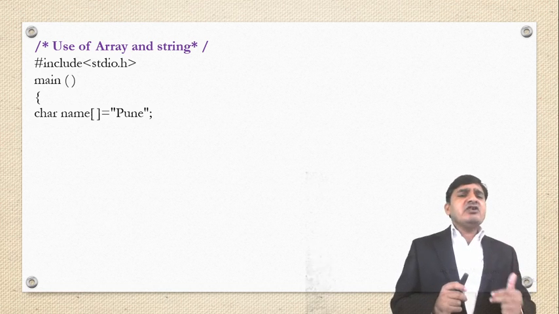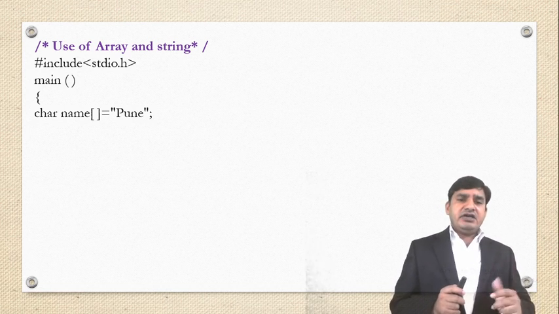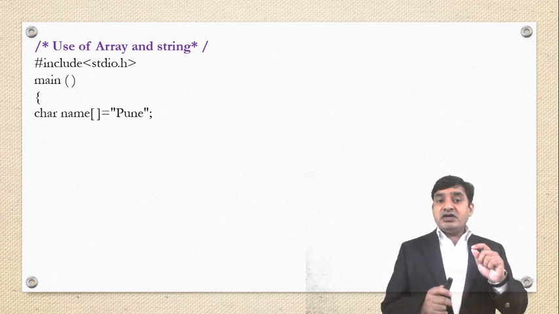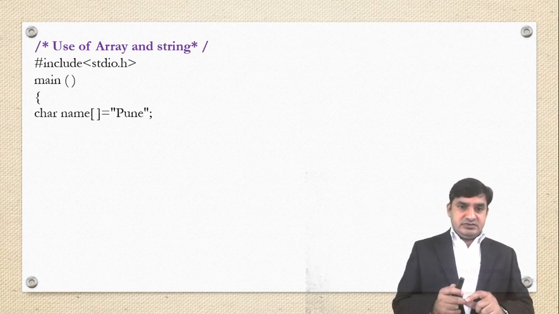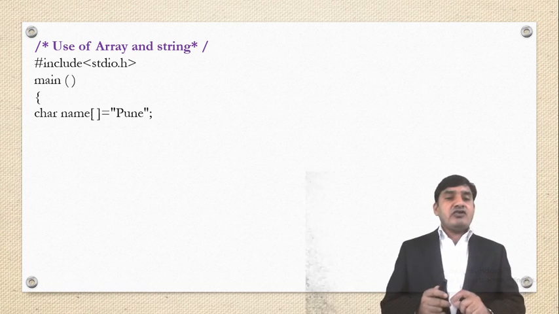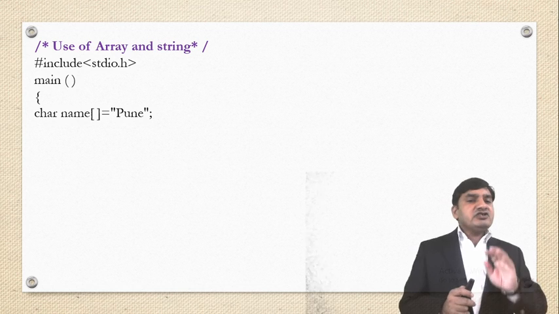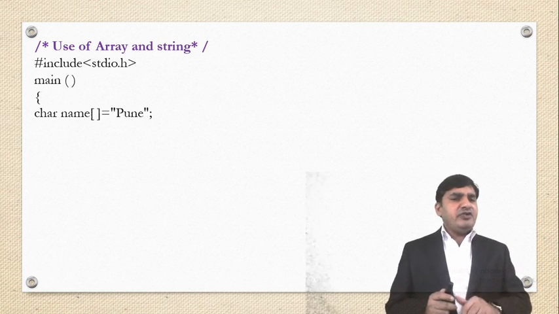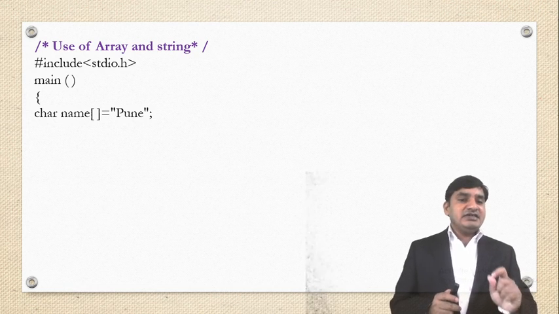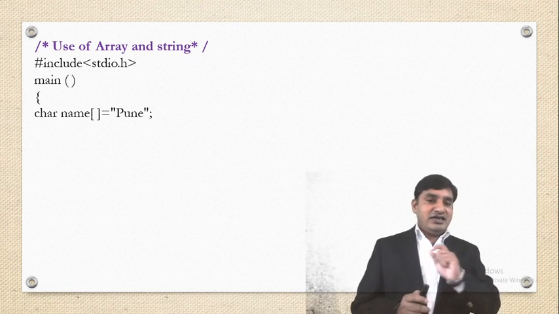So the size of the array by default is 4, because the string or the word Pune consists of 4 characters. The size of the array is by default 4.